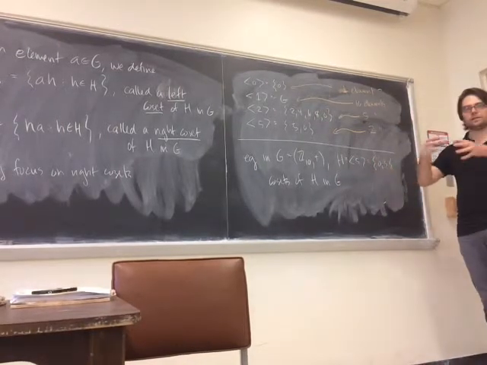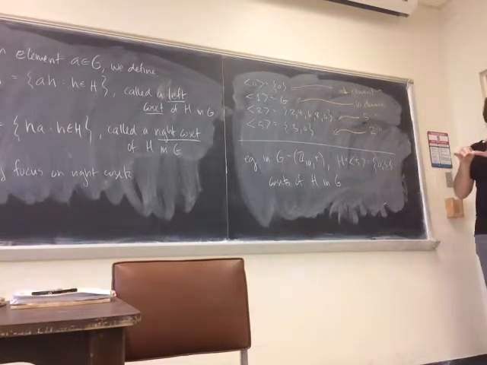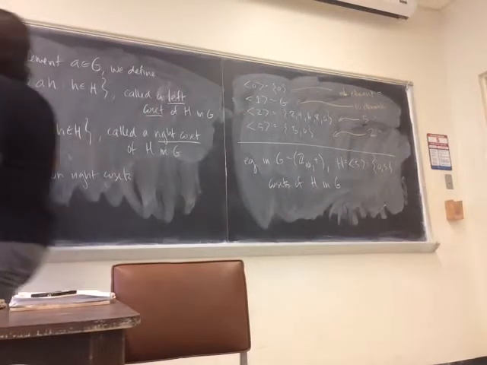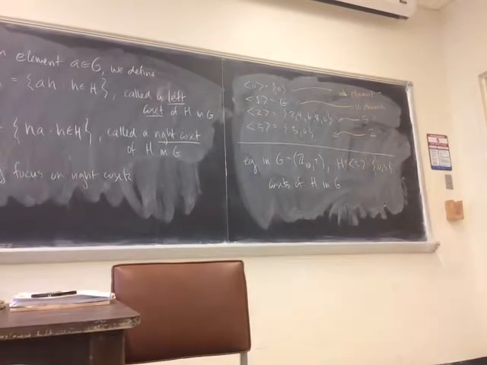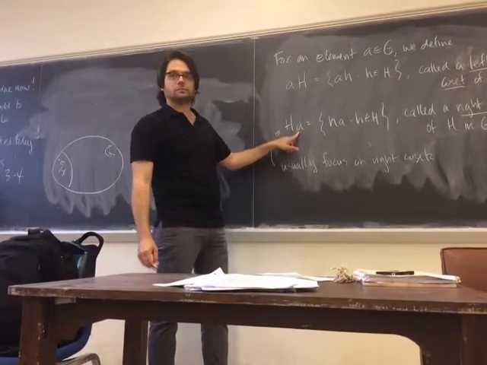Okay, so you guys with me? Z10 is the group, it has 10 elements. There's a subgroup consisting of just 0 and 5 in there, and I want to know what the right cosets are. Well, to make a coset, we're doing the right coset, you have to take an element.